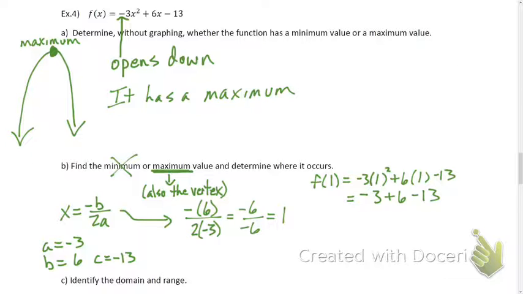Looks like negative 10. So our vertex or our maximum is at 1, negative 10.